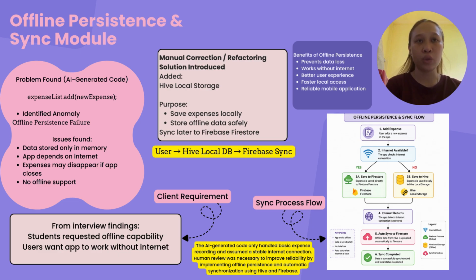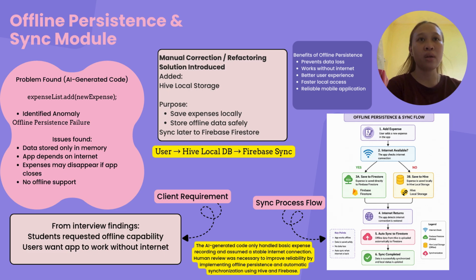To solve this issue, we introduced Hive local storage. When internet connection is unavailable, the app saves expense data locally using Hive. And when internet connection becomes available again, the application automatically synchronizes the offline data with Firebase Firestore. This improvement helps prevent data loss and makes the application more reliable for daily use.